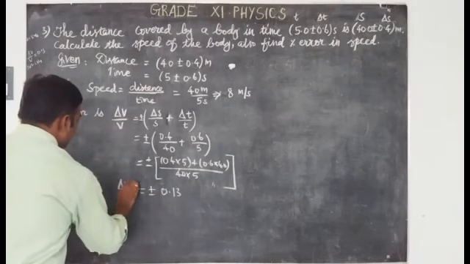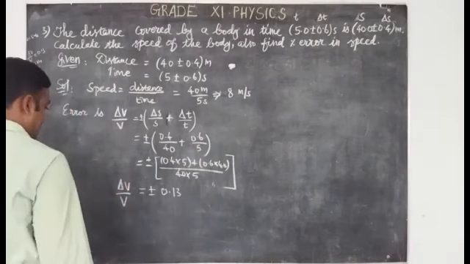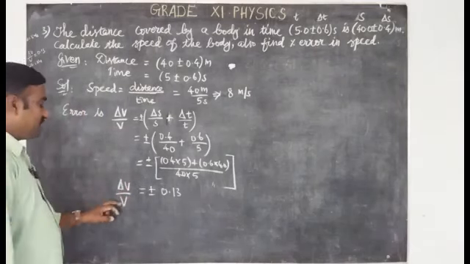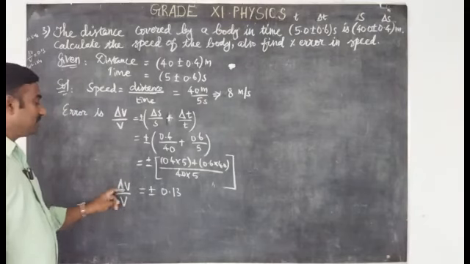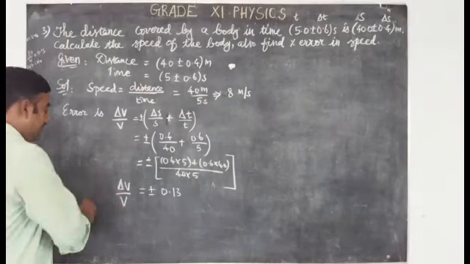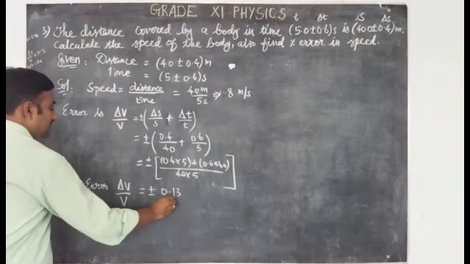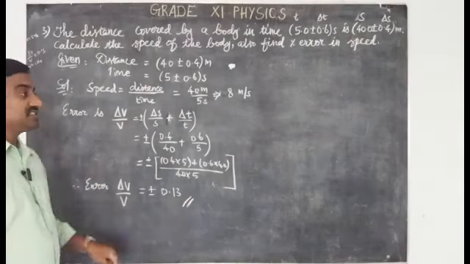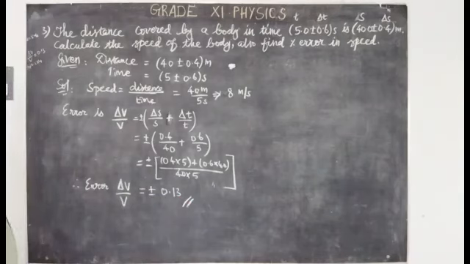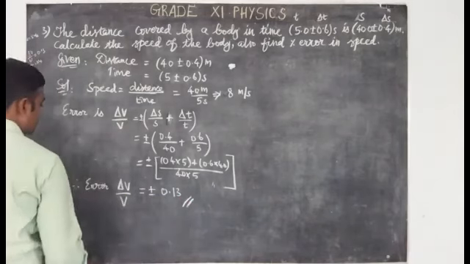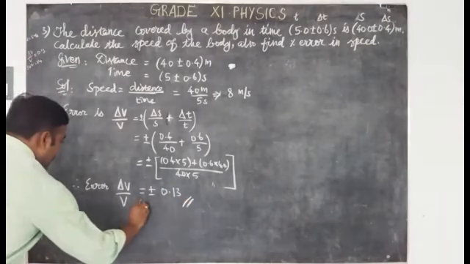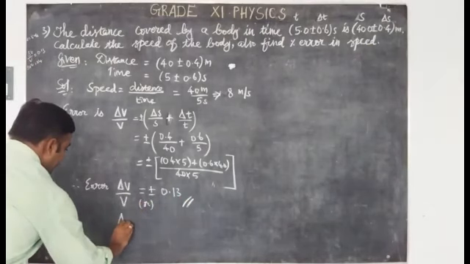So delta V by V is this value. So this is the error. Therefore, the relative error is this much. Now the error in percentage, what is the value? Or delta V only we want, no?